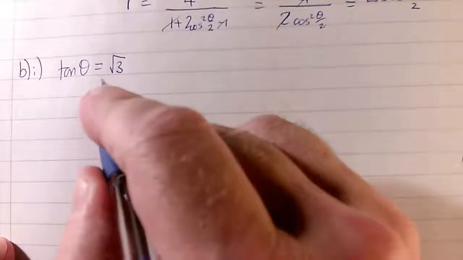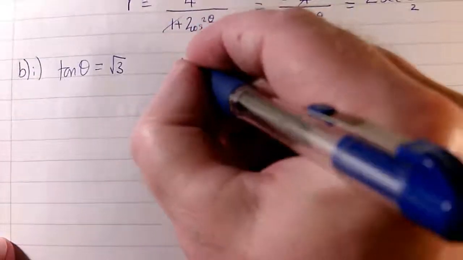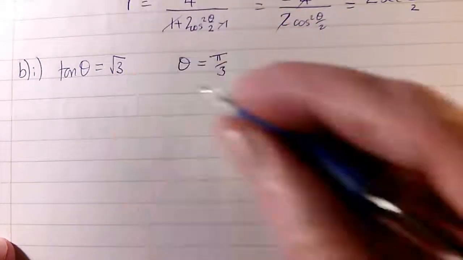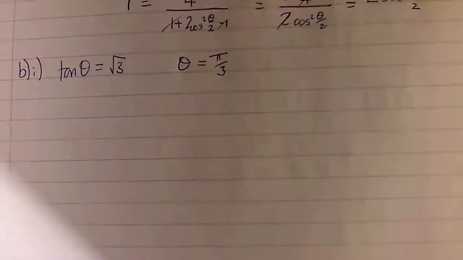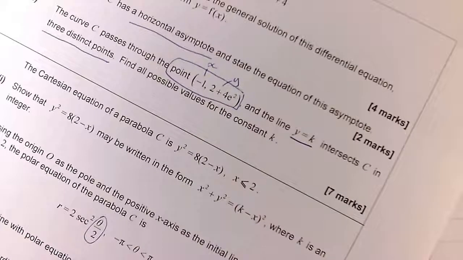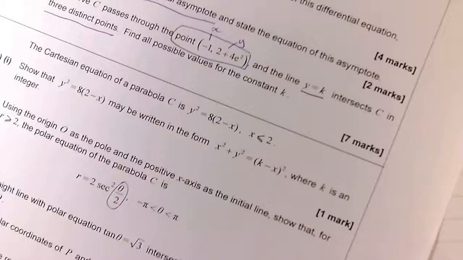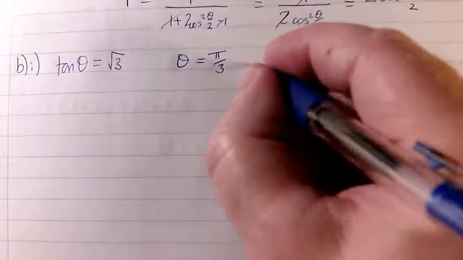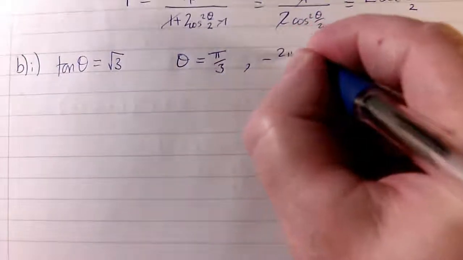So we've got some very easy starter marks here. If tan theta equals root 3, I can just inverse tan that to get theta equals, well, it's pi by 3 that has a tan of root 3. But I've, of course, got the normal range of values for theta. So it tells me that we're using thetas between minus pi and pi. So therefore, I've got to get the other solution, which is minus 2 pi by 3.